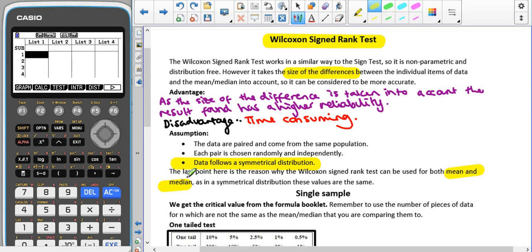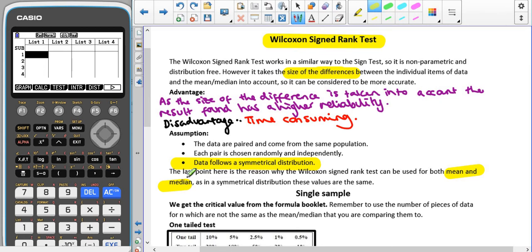So you need to be careful and look out for that. Also, the data in the paired Wilcoxon signed rank test is obviously paired data. So again, it's not appropriate to do a two sample normal test, which comes up in A2 statistics.